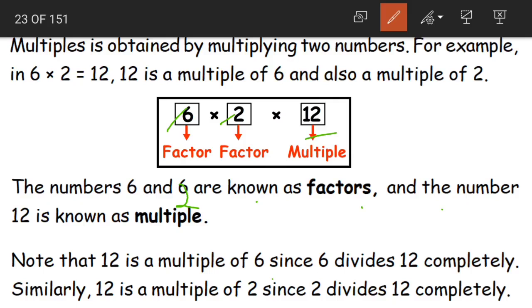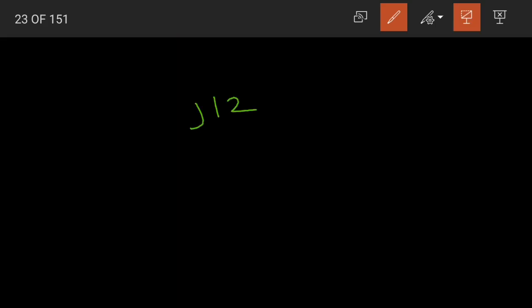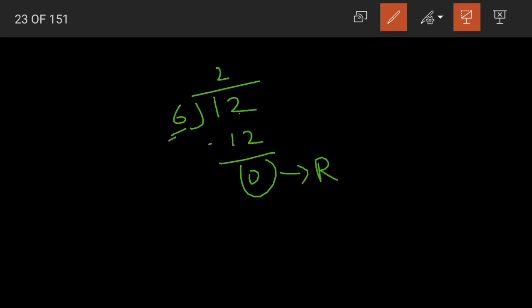Note that 12 is a multiple of 6 since 6 divides 12 completely. 6 dividing 12, we have 6 2s are 12. When we subtract, 0 becomes our answer. Here the remainder is 0, which means that 6 is dividing 12 completely. Yes or no, children? Yes.